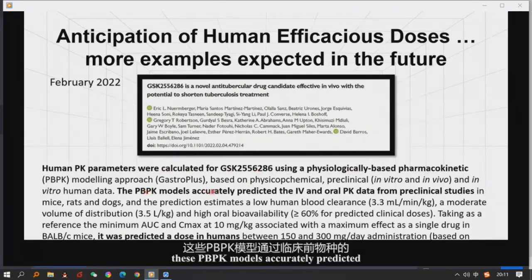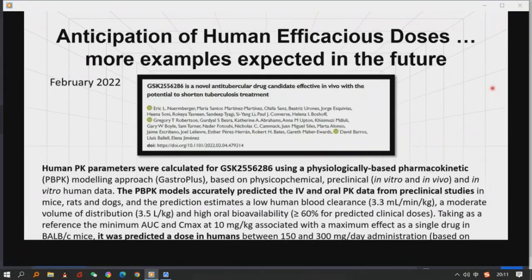These PBPK models accurately predicted the IV and oral PK data from preclinical species. So they're doing the preclinical verification. And then they combined this model with some PD data to predict a dose in humans. So I think this is one example that has just come out and we'll be seeing many more soon.